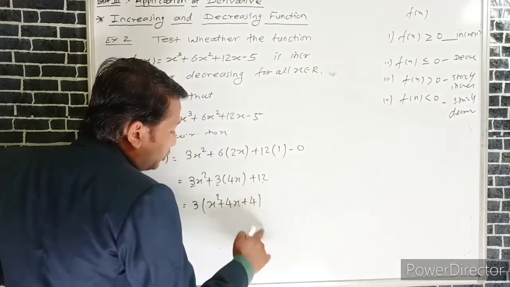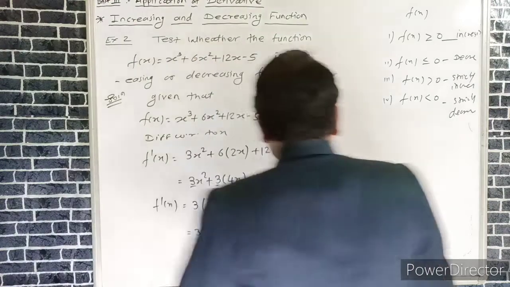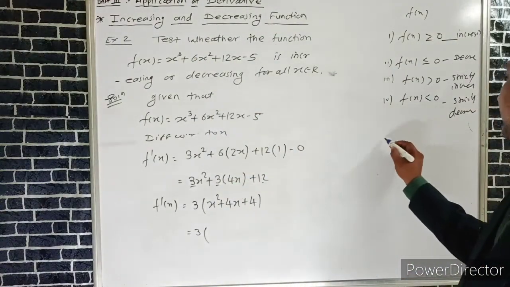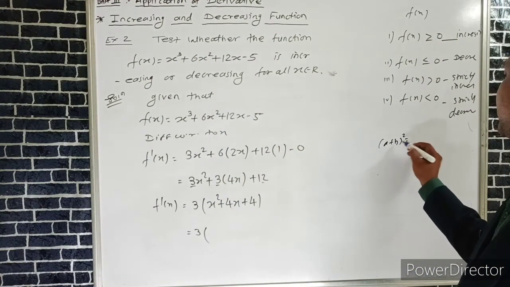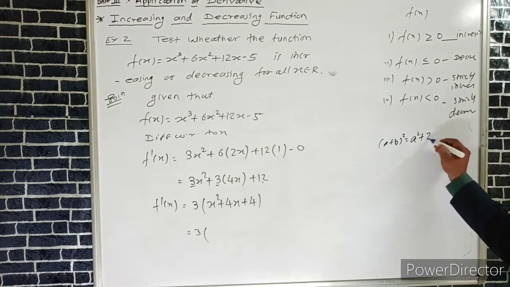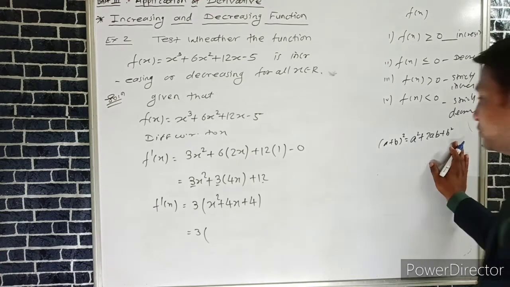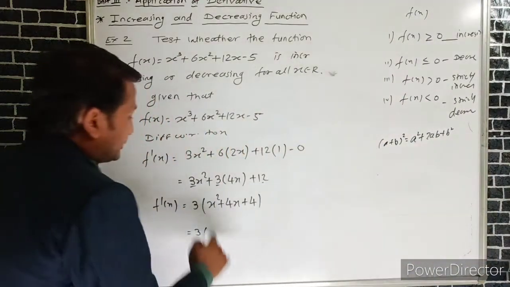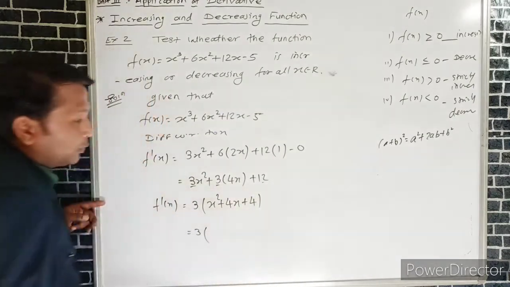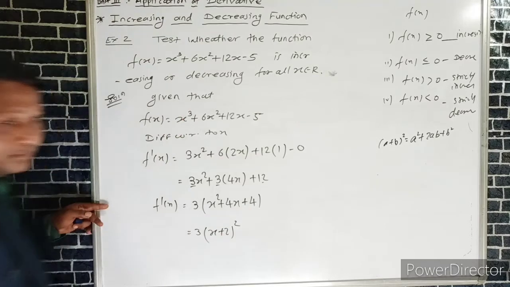First we take x square plus 4x plus 4, using the rule of the quadratic form: a plus b whole square is a square plus twice ab plus b square. If we use this rule, we can write x square plus 4x plus 4 as x plus 2 whole square.